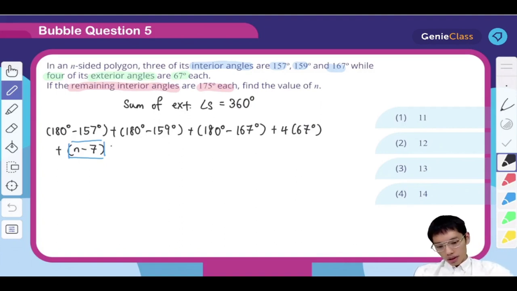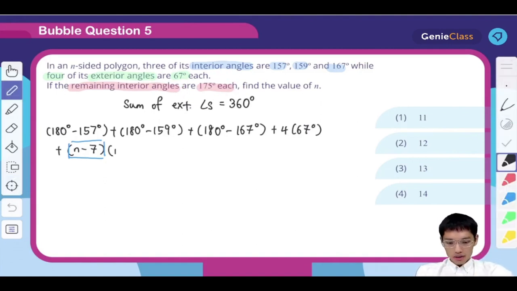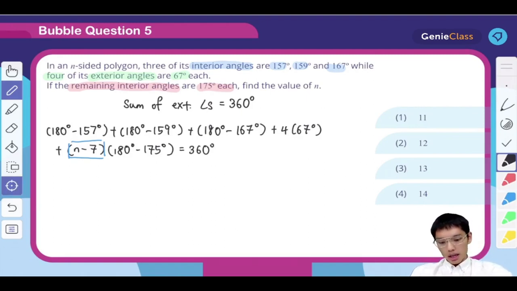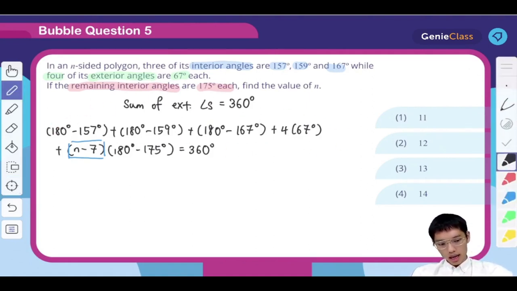Alright. So, n minus 7, each one of them is an interior angle. But take note, I'm solving for exterior. So I have to do 180 degrees minus, in this case, 175 degrees. All this equals 360. And from there, your calculations, just take note. Put this all into your calculator, press it out. You're going to get 325.